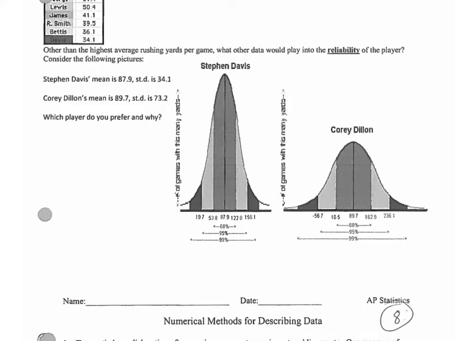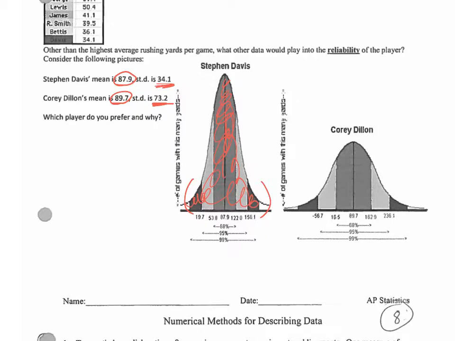I want to talk to you about Stephen Davis and Corey Dillon. If we look at both of them, Stephen Davis's average is 87.9 and Corey Dillon's is 89.7. So their averages are about the same. But Stephen Davis has a standard deviation of 34.1 as compared to Corey Dillon's at 73.2. Look at Stephen Davis's data. Do you see how it's squished up really high? Because it's more compact. It's the same amount of data squished into a smaller area, so that's why it's a tall curve.